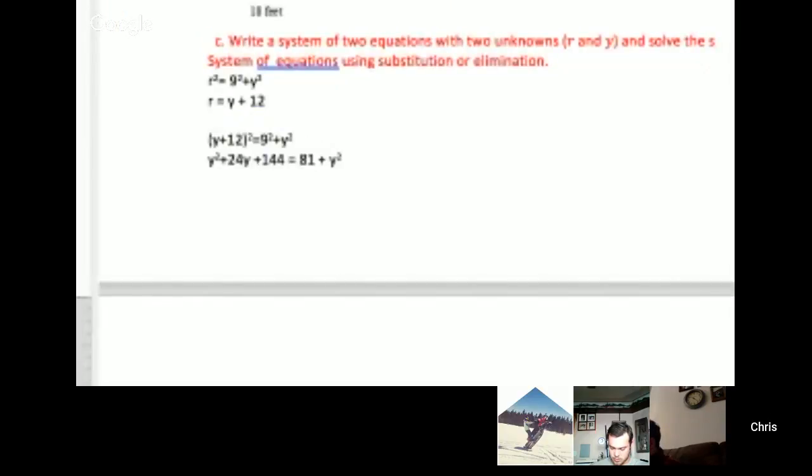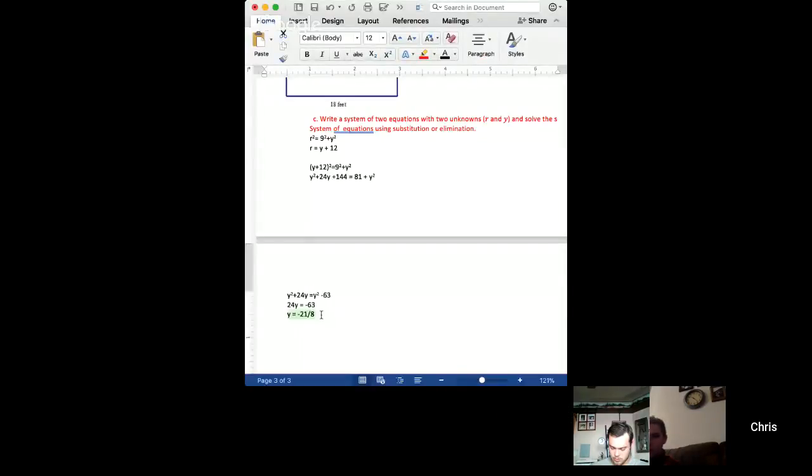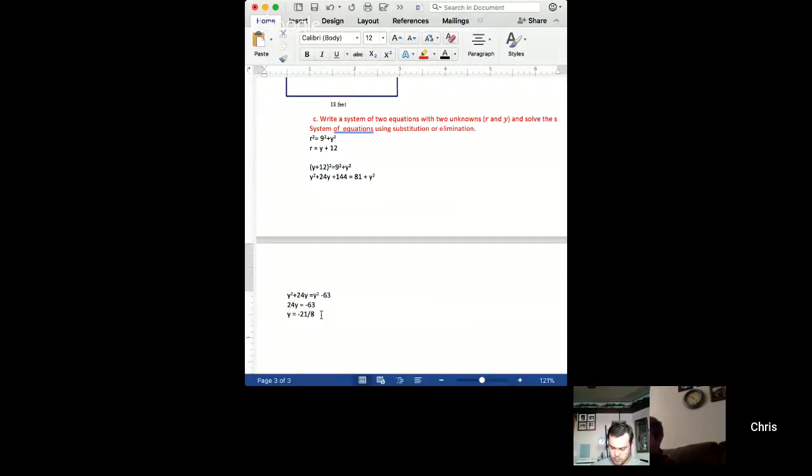I don't think this is going to work, guys, unfortunately. That equation? Yeah. Because it gets you y equals negative 21 over 8. There's no way you can have a negative distance.